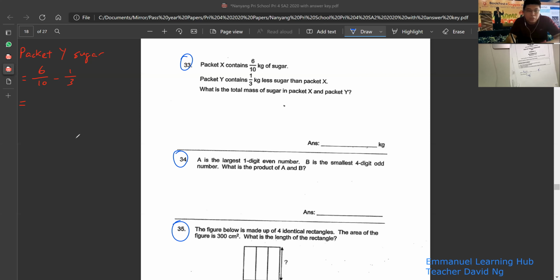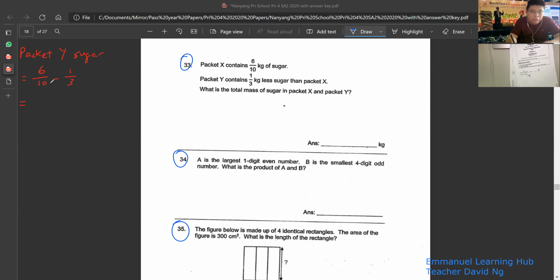So you need to change it to the lowest same denominator.